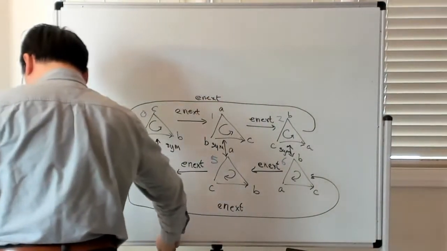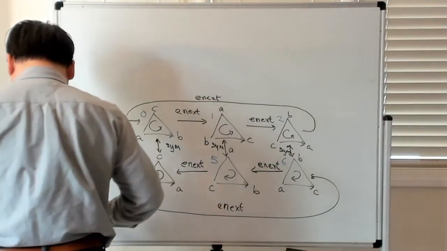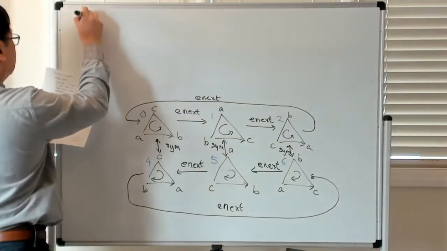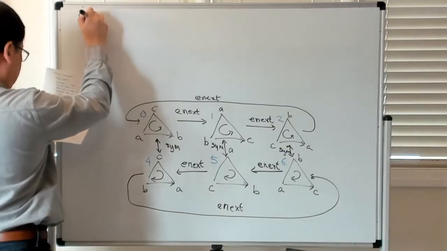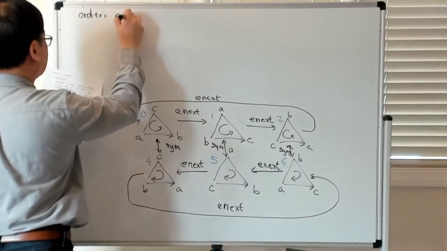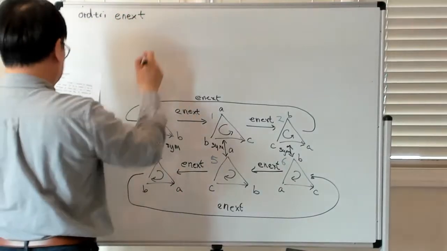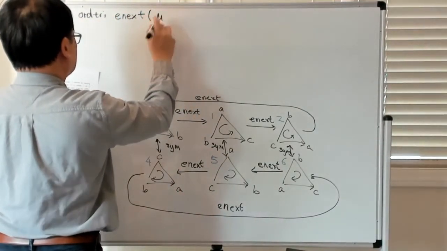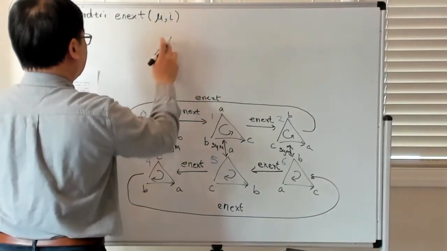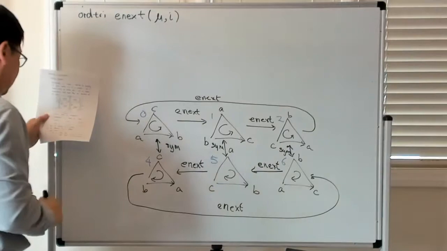So I'm going to output an ordered triangle. And then eNext gives you the triangle and then the orientation. So this is the triangle and this is the orientation.